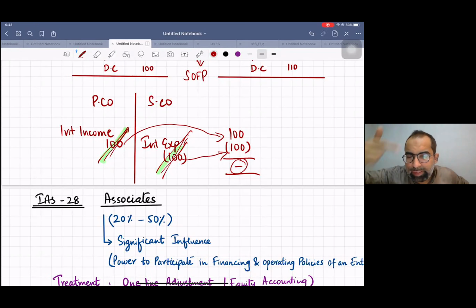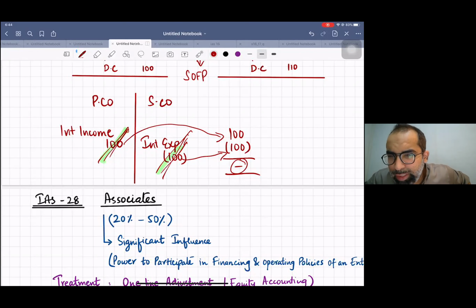Number one, intercompany loans. If parent company has given loan to S company, interest income in P company's books and interest expense in S company's books, we'll simply cancel it out. Number two, if parent company has given building on rent to S company, rental income in parent company's books and rental expense in S company's books, again cancel out. And the third example is dividends.